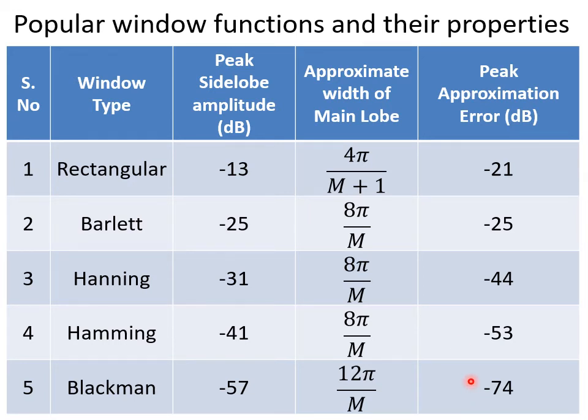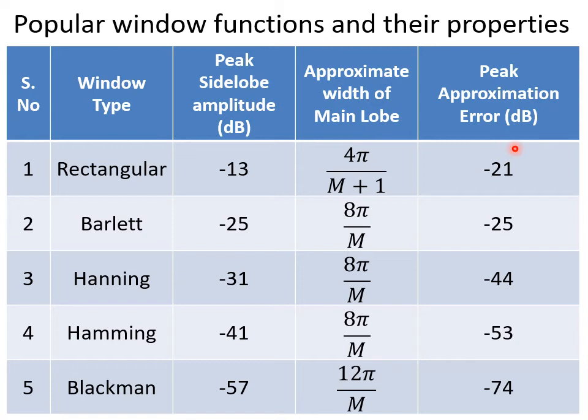So we have the least error, or smallest ripples, in the Blackman window, and on the other hand, we have the largest width of the main lobe in the Blackman window as well, 12 pi upon M for the same value of M. For example, for the same M, the Blackman window would have the largest main lobe width, right?